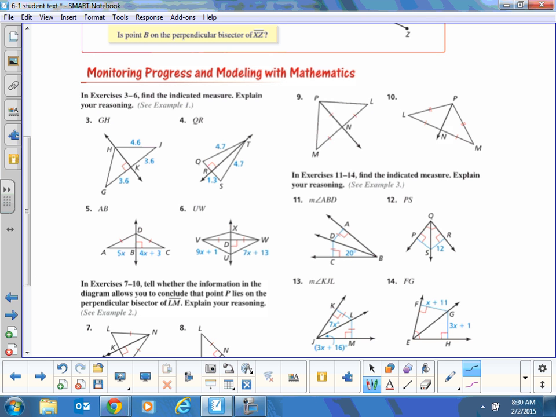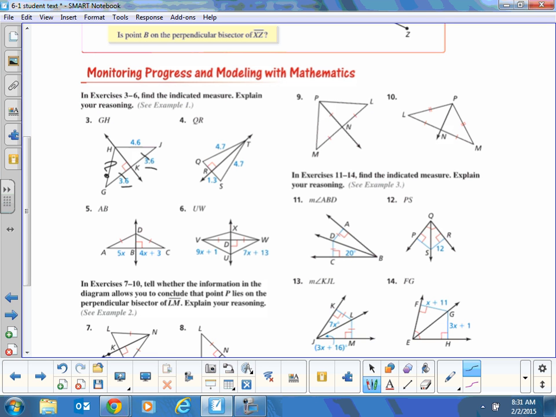They want to know G to H. What is this distance right here? Well, this must be 4.6. Yes, because KH is the perpendicular bisector, bisecting GJ into two equal parts. Let's see, this is 3.6 and that's 3.6.